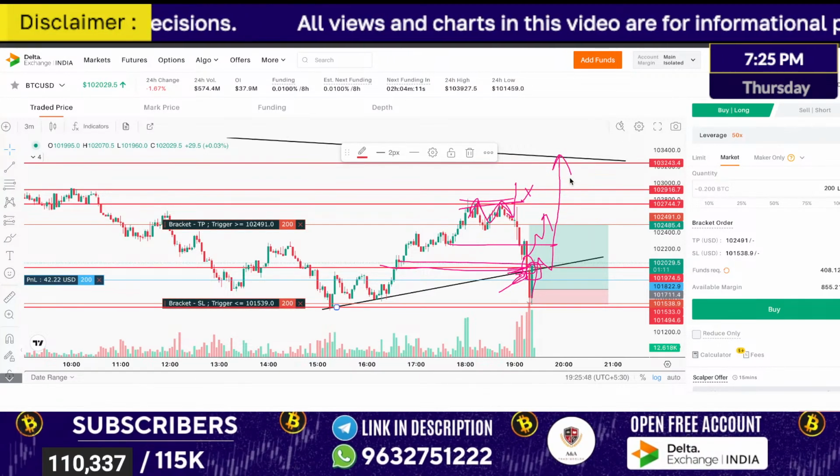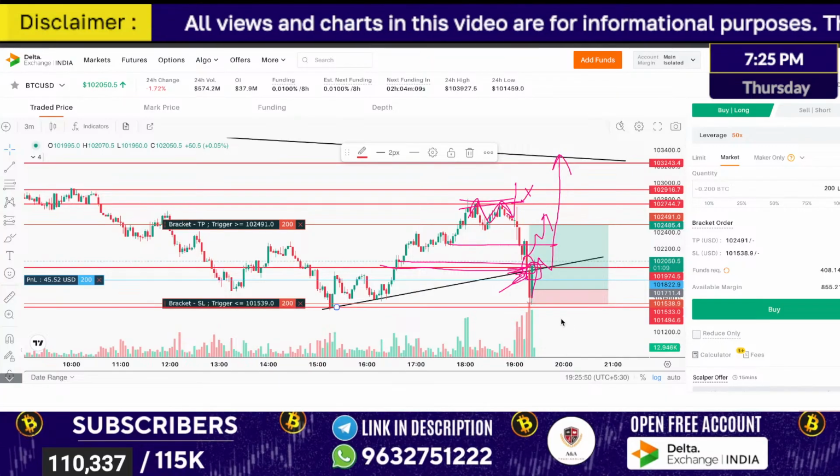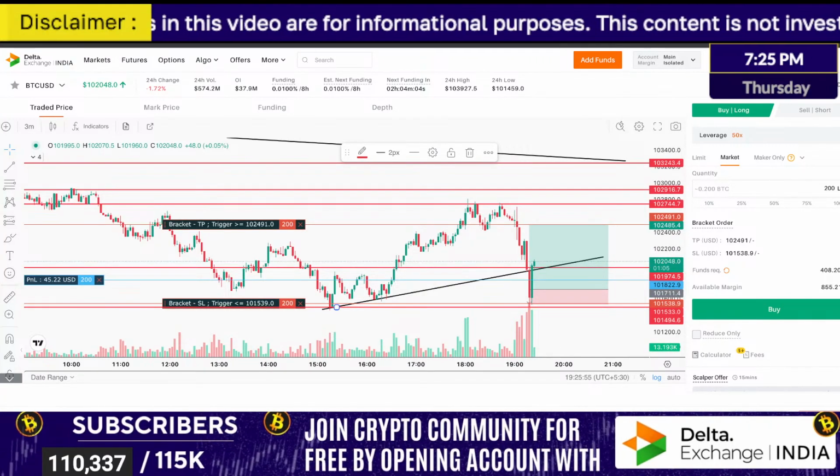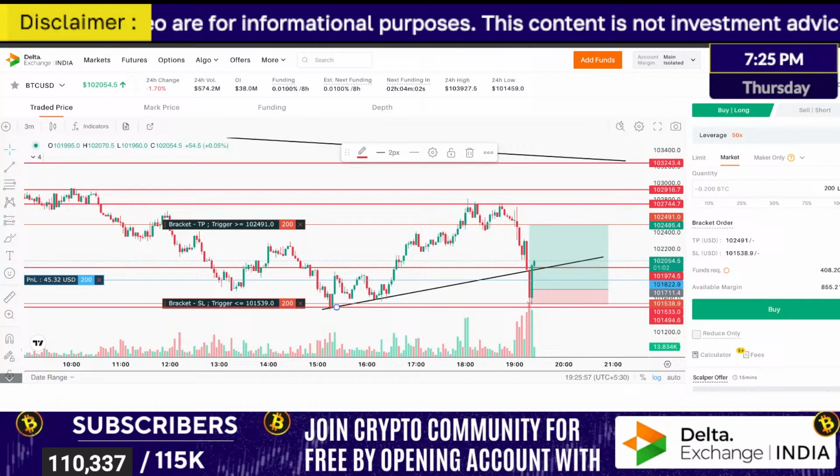If the market proves me wrong for the third time, then I'll change my view from bullish to neutral and look at the market completely differently after this. Okay.